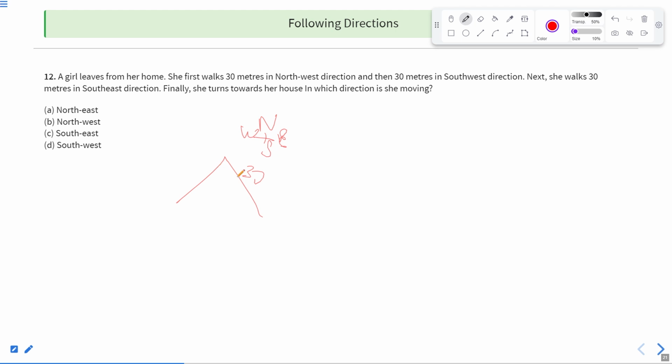Okay. Northwest is 30, which is this direction. Next, we have southwest, which is downwards direction. So, next, we have southeast, which is downward direction again, almost forming a diamond.